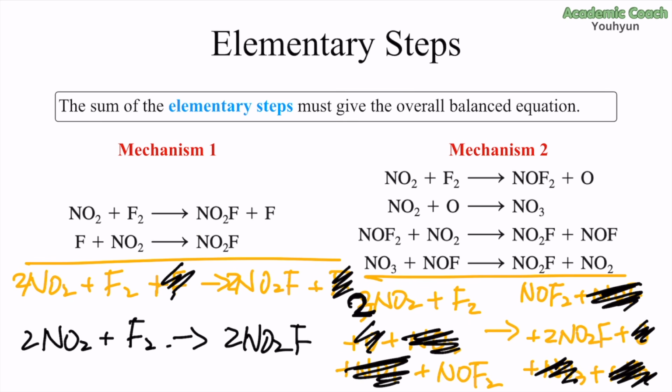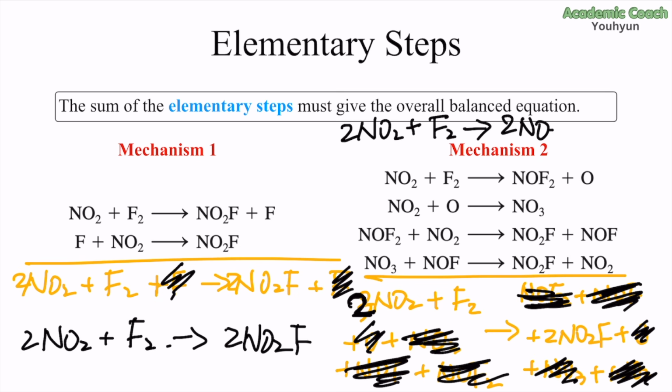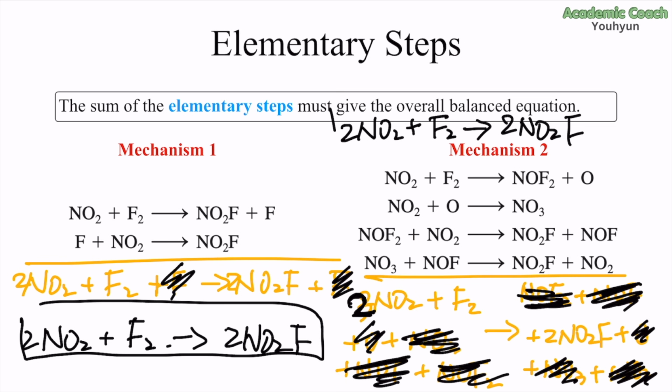Then after canceling out everything, this is the overall balanced chemical equation that I get: 2NO2 plus F2 produce 2NO2F. So now you notice that for both mechanism 1 and 2, they have produced the same overall chemical reaction.